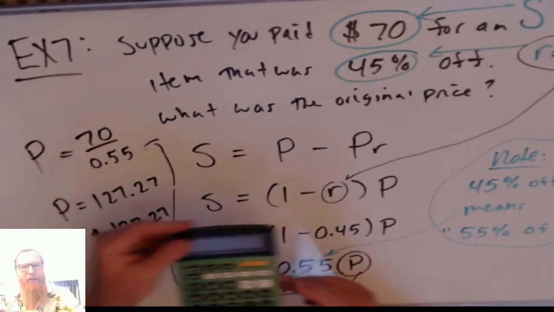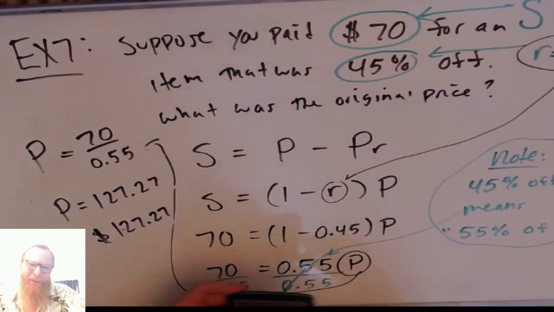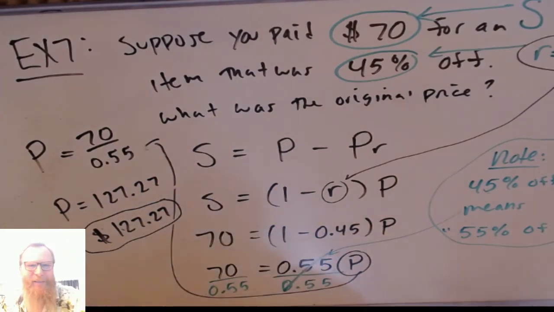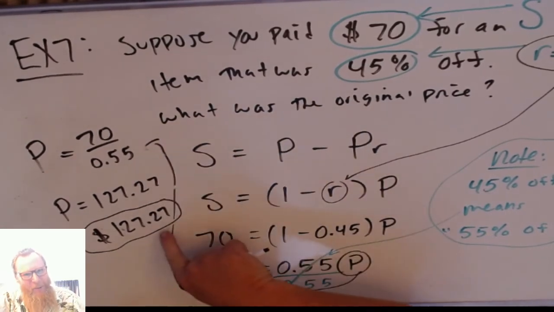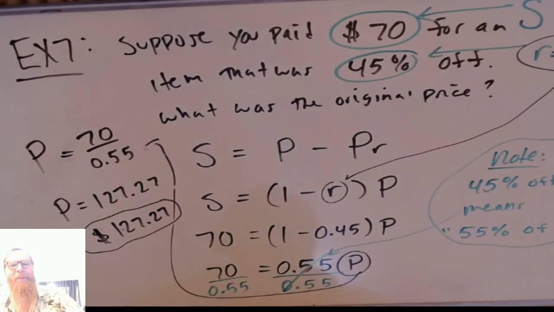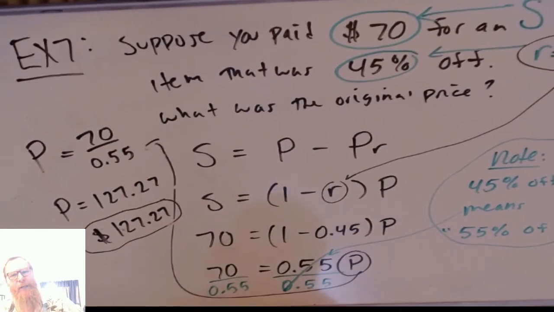It's 27272727. That's a repeating decimal. It's a coincidence, somewhat related to previous topics. So when you divide by 55, you end up with 27272727. Does that sound familiar? I'm rounding, so I'm just doing $127.27. There you go. So that was the original price of the item.